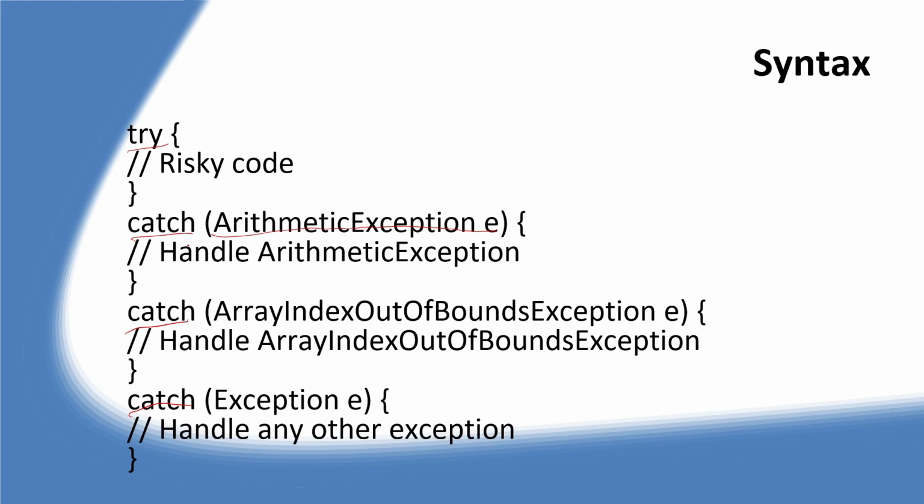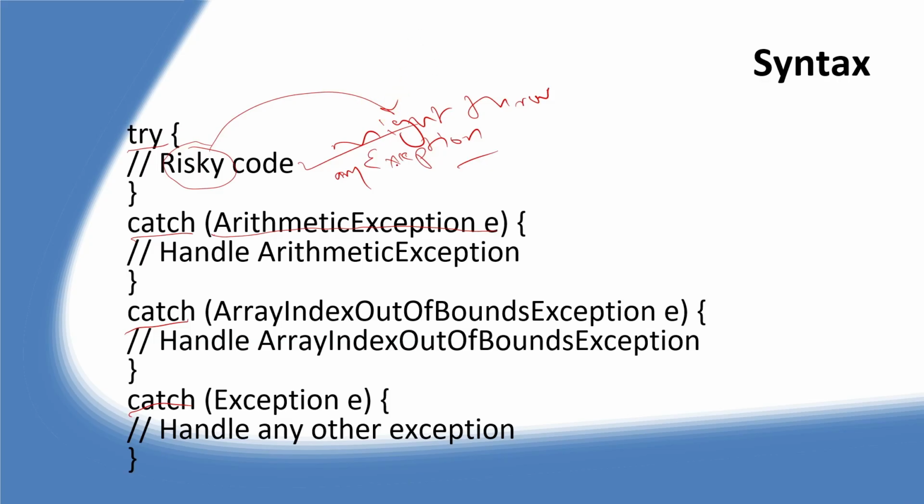Let's say in the try block we are writing some code and it might throw any exception. We don't know what exception it will throw. That's why we call this code risky, because it might throw any exception.